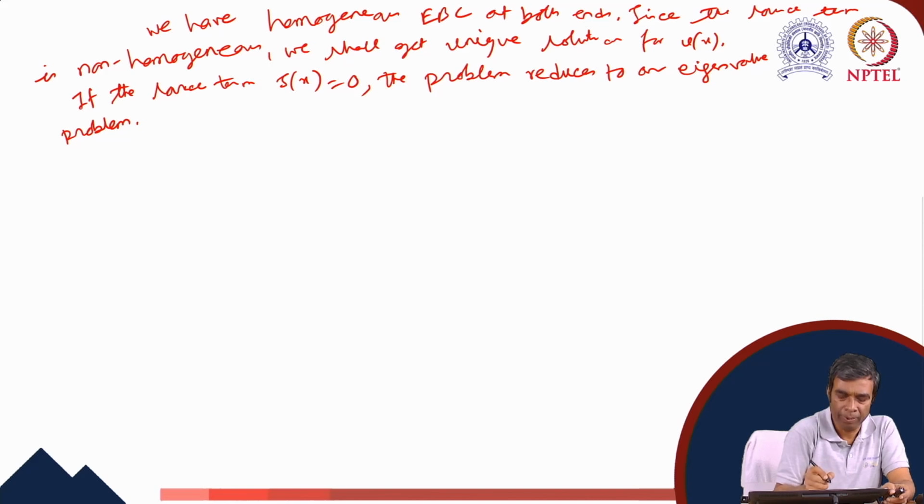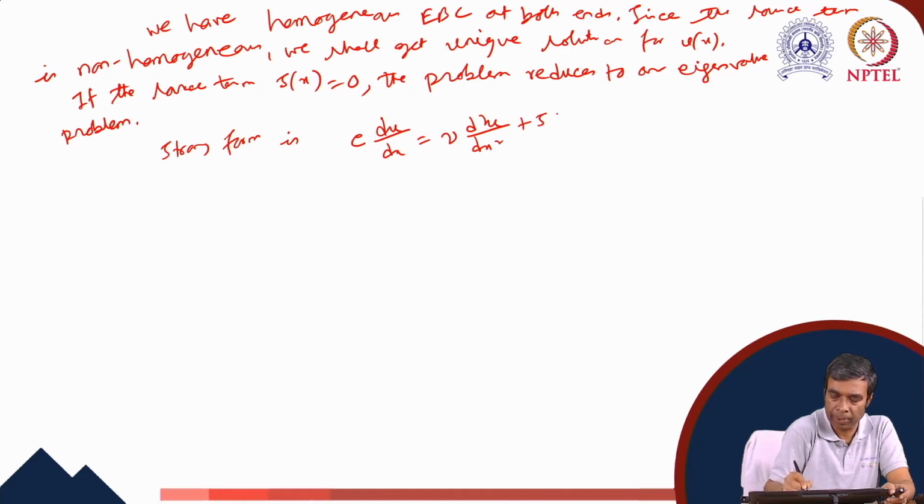So we begin with the pre-processing. Our governing equation, the strong form, is C du dx equals to nu d2u dx2 plus S(x) over omega.